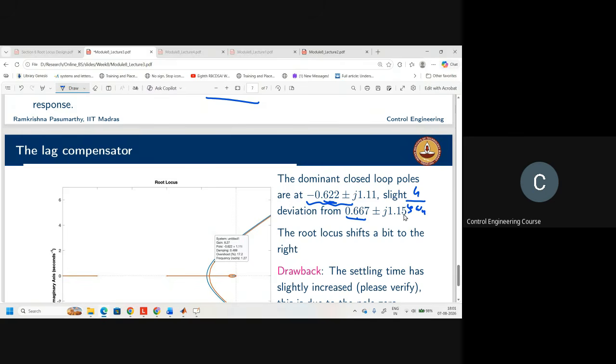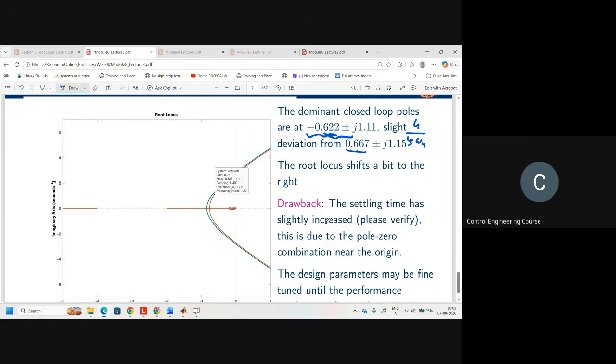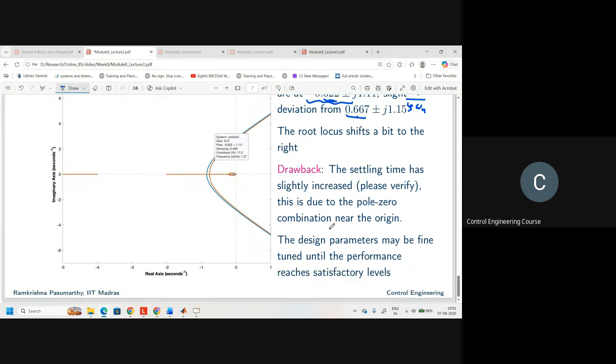If it is reduced, settling time will slightly increase. So this is the drawback, but we can adjust these two values by slightly changing the zeros and poles. So this is about designing a lag compensator.